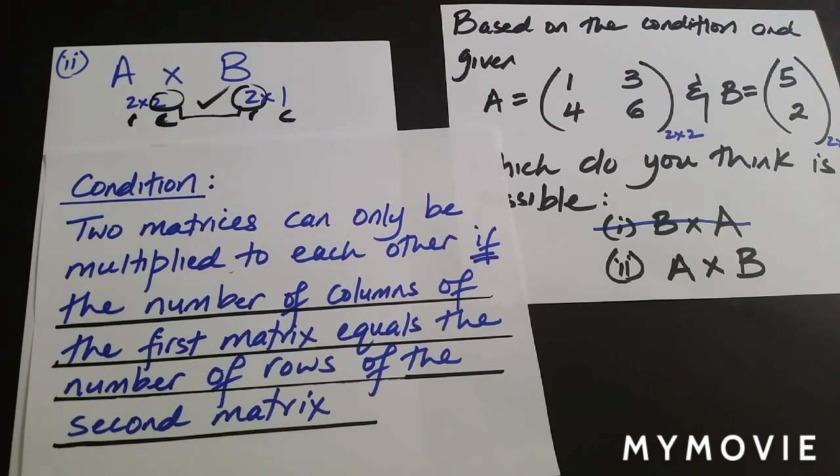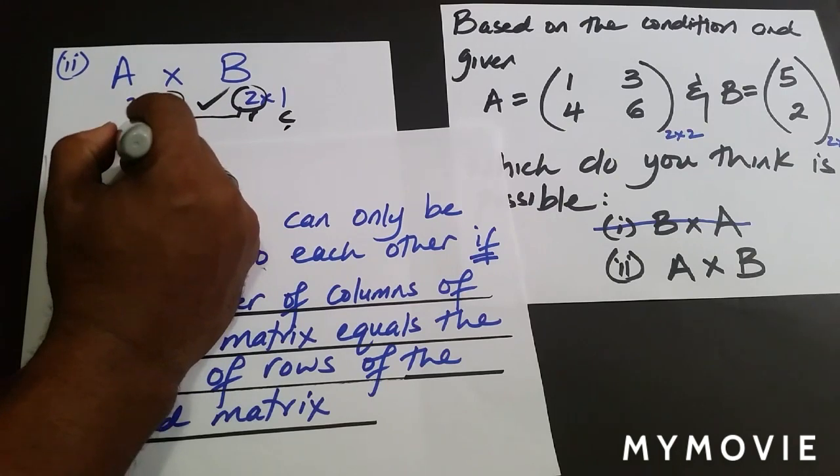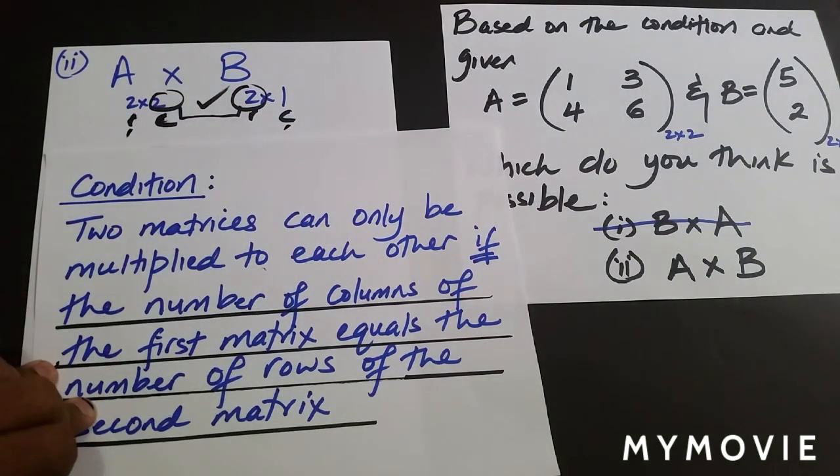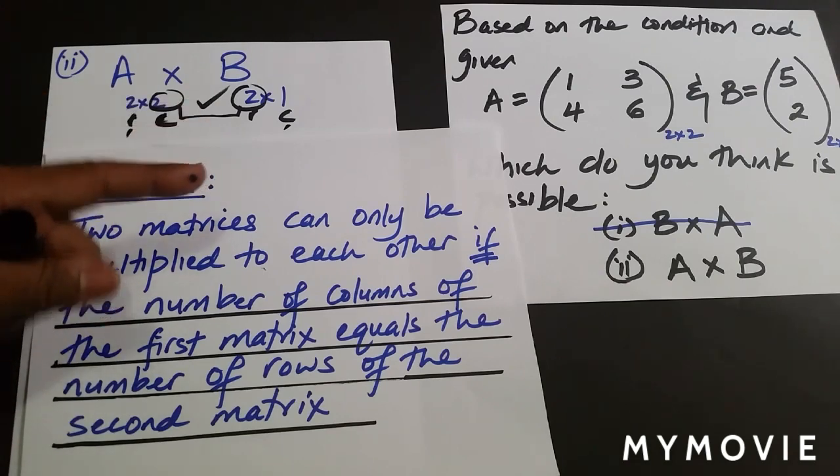And the outer numbers, very important, will tell you what kind of matrix you should end up with when you multiply A times B. That's the magic of doing it this way.